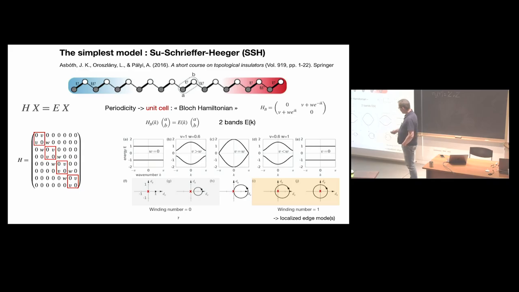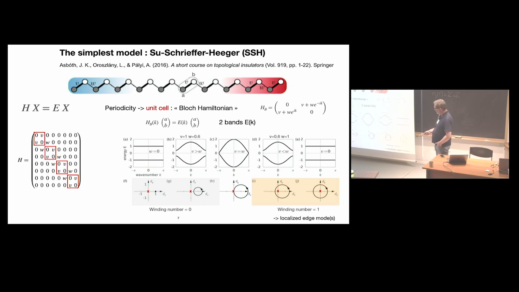So when we have V more than W, you see that you have first a point, then a circle, and I have put a red cross at the origin. After that we just have to count the winding number of this circle representing what's going on during the Brillouin zone.